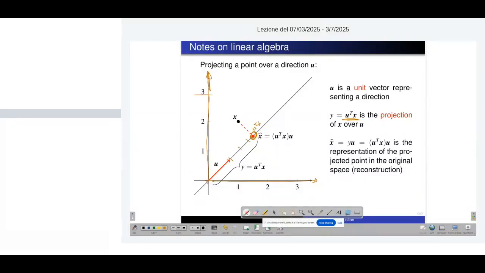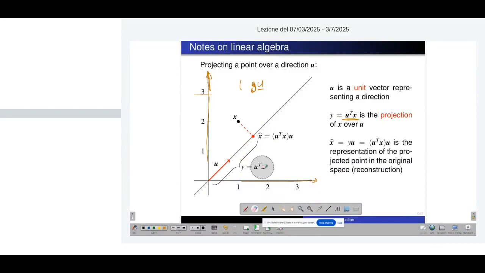To get to this point in the original space, I have to take vector u a number of times equal to my coordinate y. U multiplied by the value of the coordinate y gives me a vector that corresponds exactly to the projected point represented in the original coordinate space.